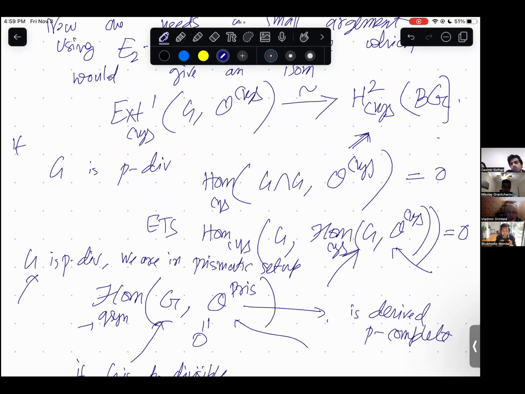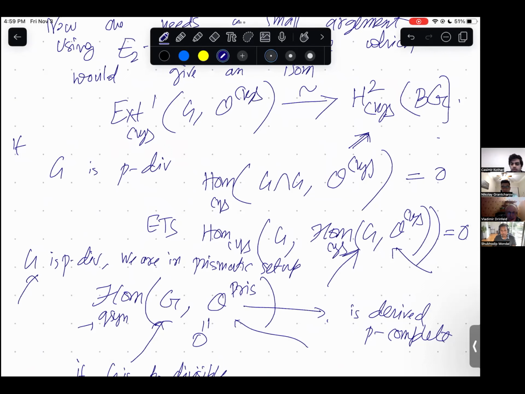And those things are not necessarily true for, say, crystalline cohomology. So one needs to maybe work over a perfect ring to say that the higher crystalline cohomology vanishes. So we don't exactly need a field, but we still need some assumptions for getting these vanishings.